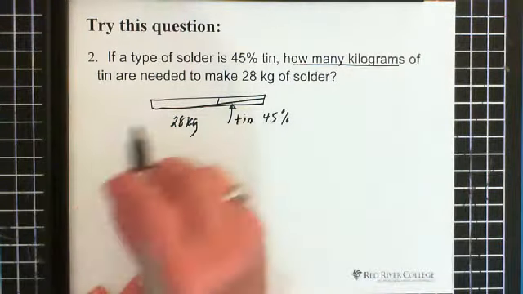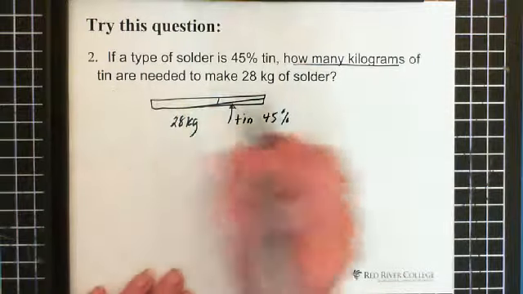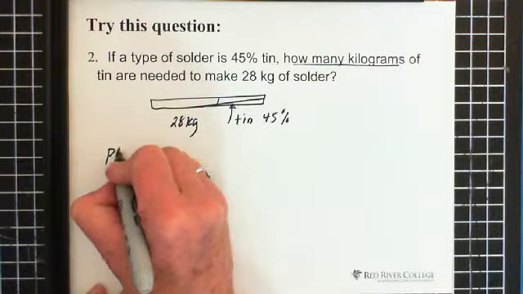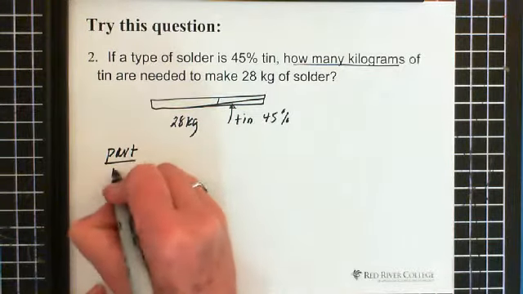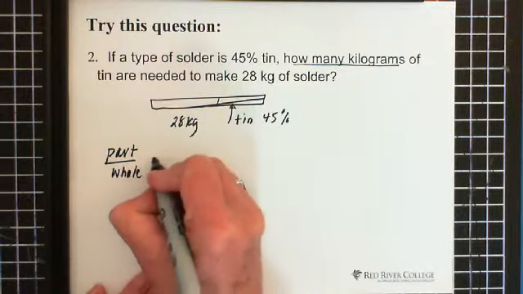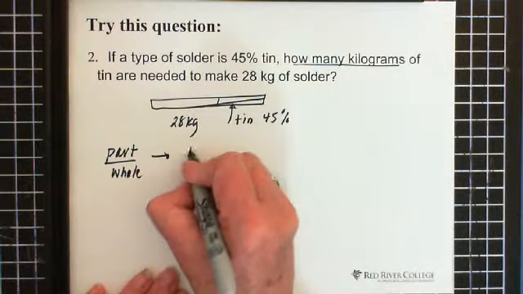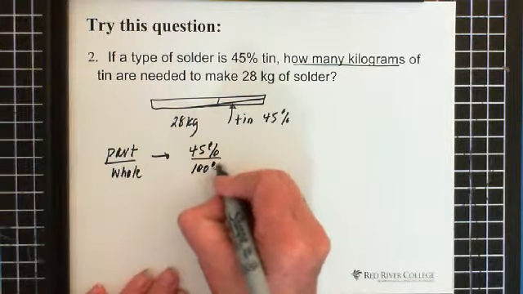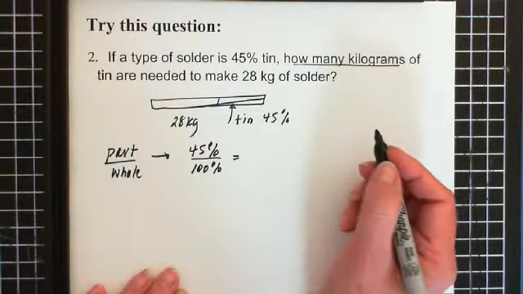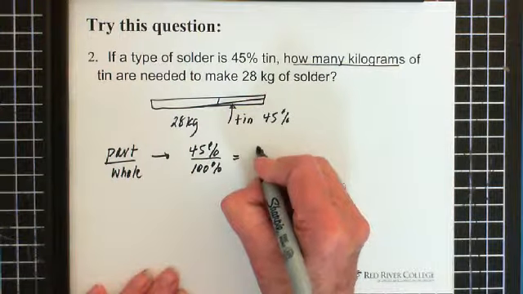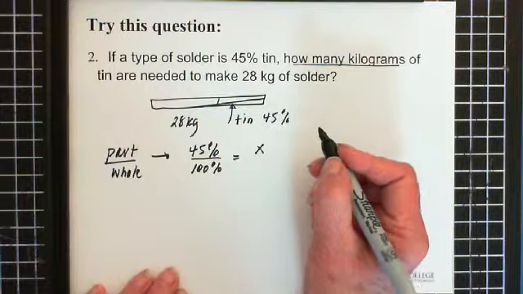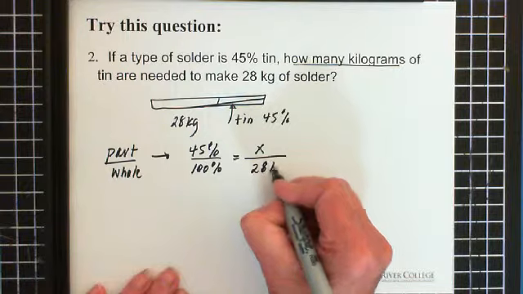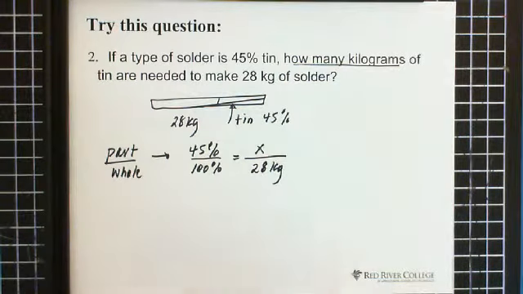So again, we're trying to find the kilograms of tin, which is the part. So part over whole, we have 45% over 100%. We're looking for the kilograms of the tin, which is the part, over the 28 kilograms of the solder, which is the whole thing.